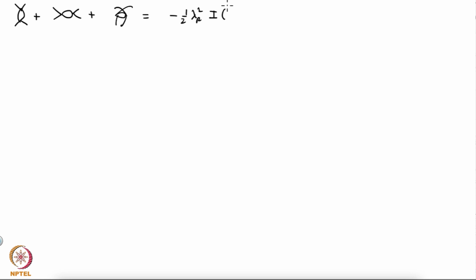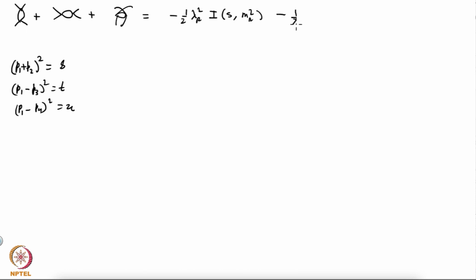Half of I. Also I want to define that we have already seen that (p1 + p2)² is what is called S. These are the Mandelstam invariants. p3² is called T, and (p1 − p4)² is called U. So this is a function of S, m_R² and epsilon also.